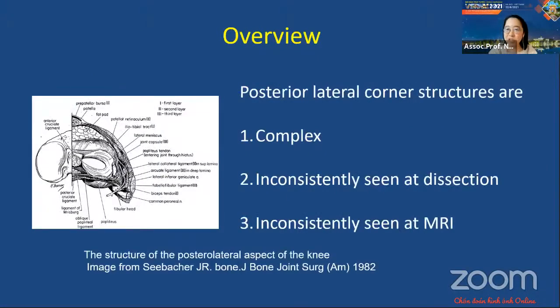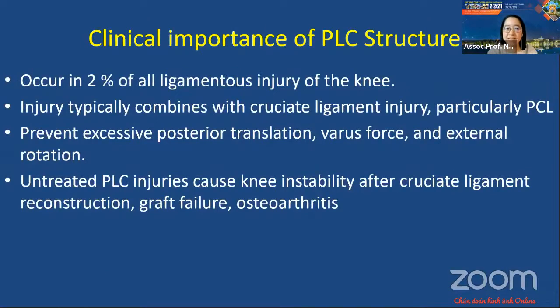This topic is quite difficult to cover within 20 minutes, because the anatomy is very complex and is inconsistently seen during anatomical dissection. Moreover, sometimes it may not be seen on MRI, but it's very important. It's not that often injured, but it's usually combined with injury of ligaments, particularly the PCL, the posterior cruciate ligament.